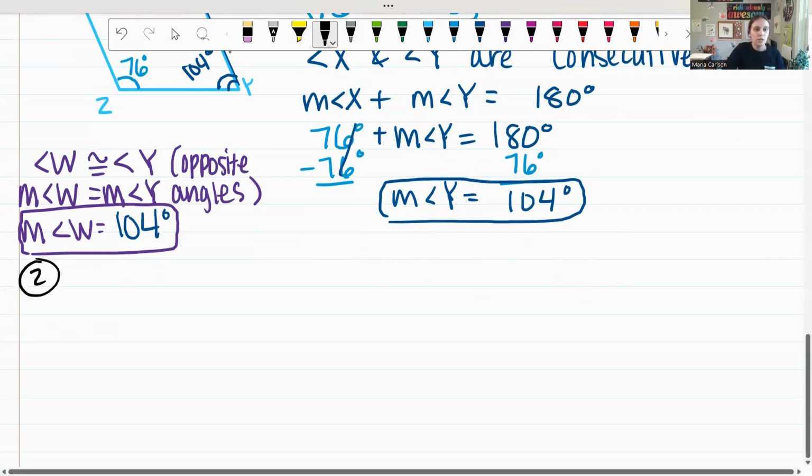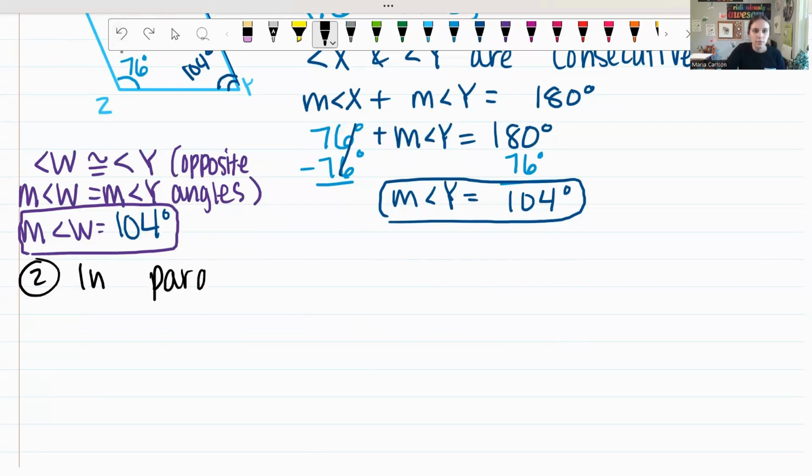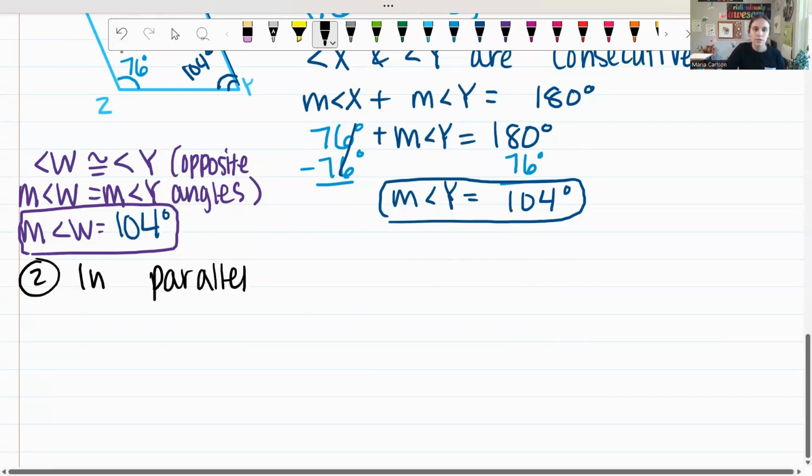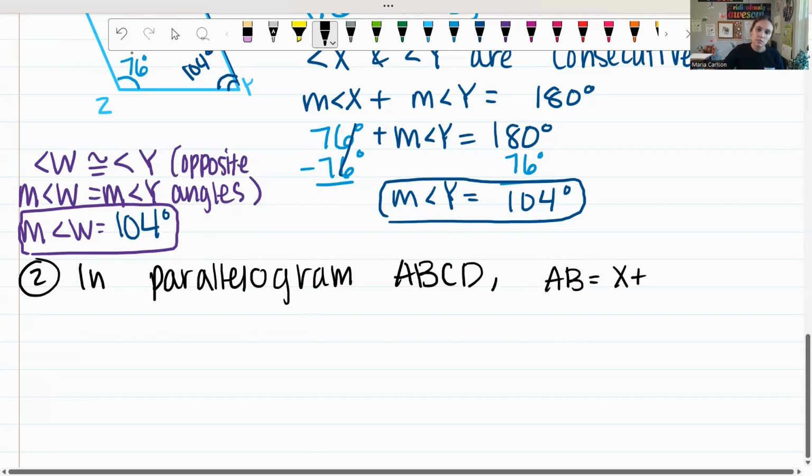Number 2, in parallelogram ABCD. AB is equal to x plus 20.